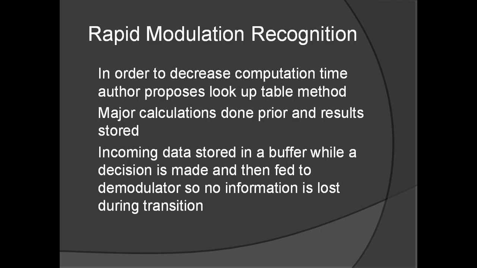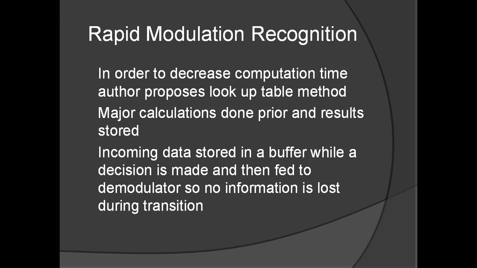Another area that requires some research as well for these systems is the ability to do a rapid modulation recognition. With the number of different modulation schemes out there and the complexity of them, this can be difficult and requires some computing time. So in order to cut corners and get to the result faster, they propose a computation ahead of time, and the results are stored in a table.